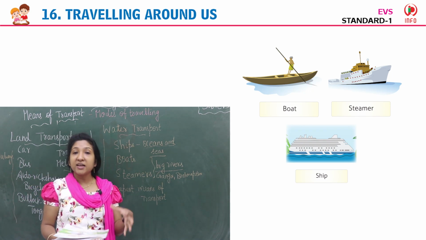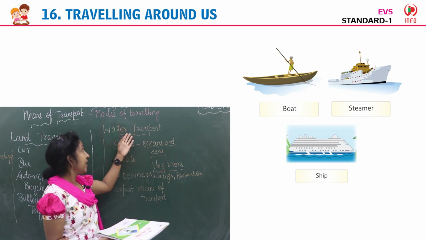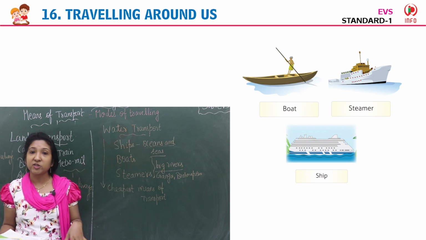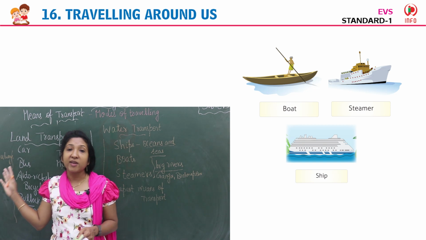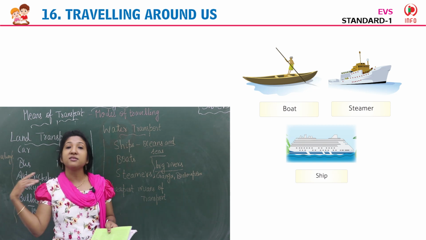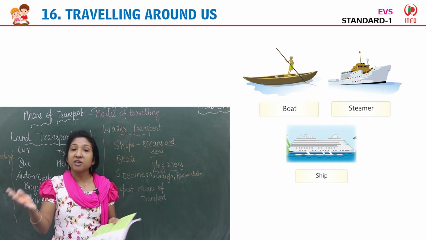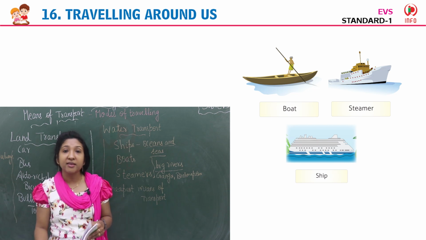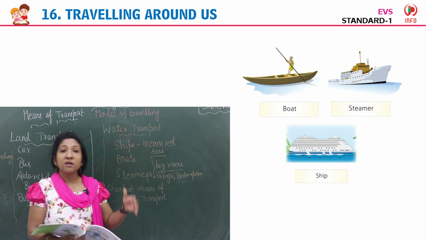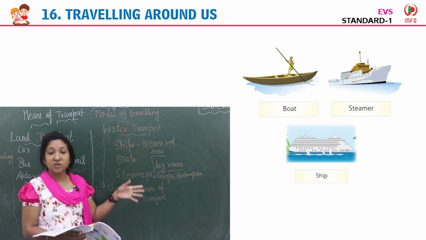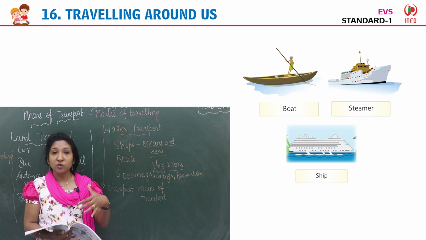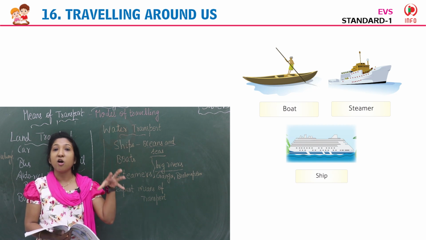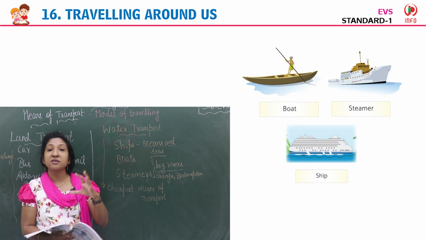Yes, so we are learning about modes of traveling. There are 3 modes of traveling. First one we learned is land transport, the vehicles that travel on land. That includes railways and roadways. Then we learned about water transport, the transport that carries passengers and goods from one place to another along the rivers or oceans or seas.